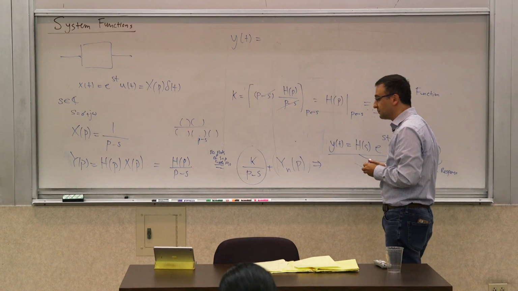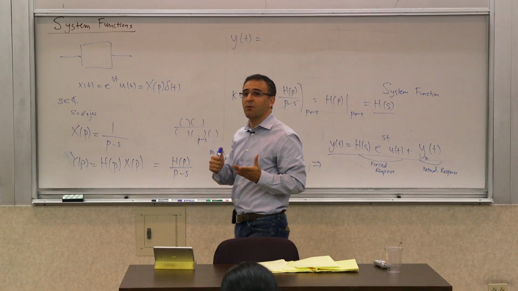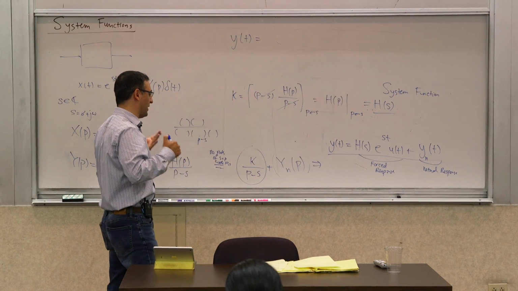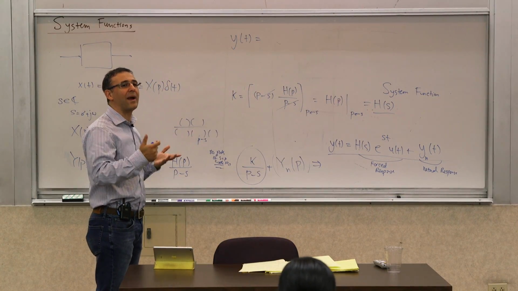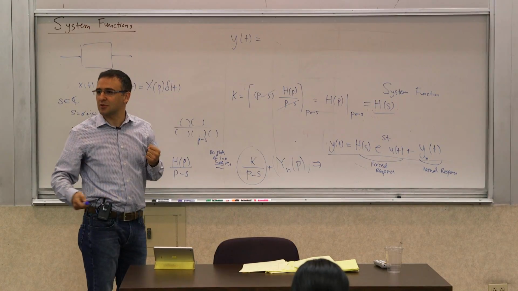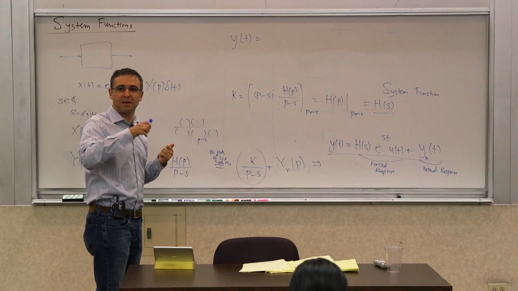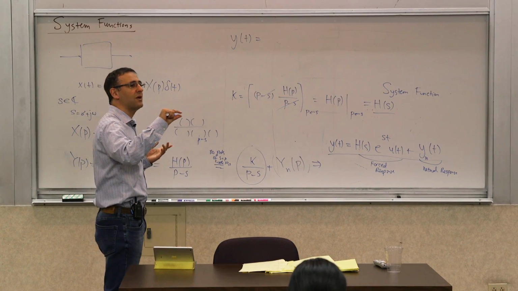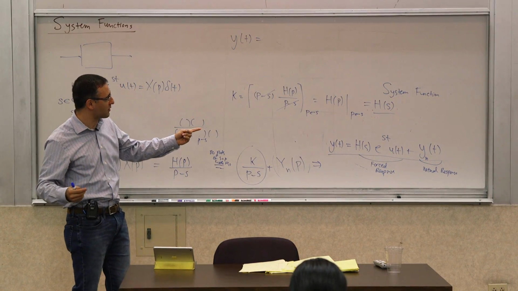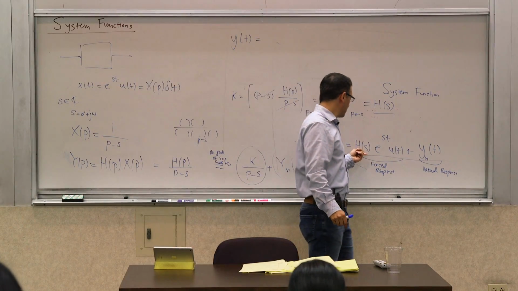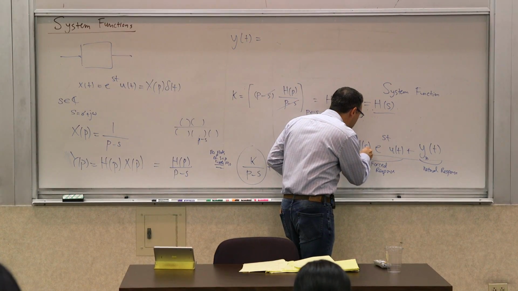It says the forced response of the system is just what you hit it with, with some coefficient, with some weight. So if I hit it with some sinusoid, for example, I'm going to get that sinusoid, but it may get amplified or attenuated. It will have some phase shift because these are complex functions in general. But all of that is captured by this H of s.